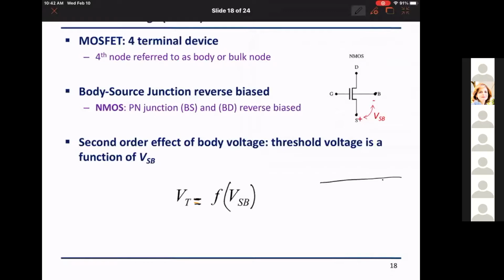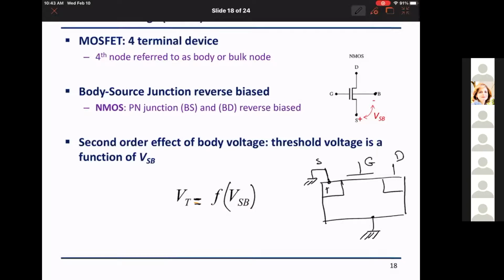Why? Because when we have the gate, drain and source, the body is always grounded. If the source is not grounded, I will have some effect on increasing the VT of the device.